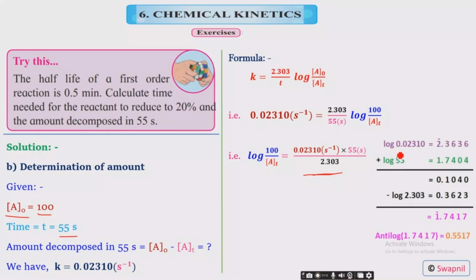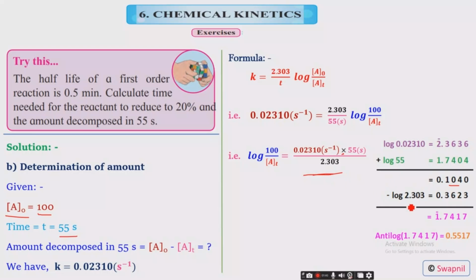So here is the log. Log of 0.02310 is equal to bar 2.3636, plus, because there is a multiplication, log 55, which is equal to 1.7404. By adding this we get 0.1040. Now from this sum we have to subtract the log of 2.303.